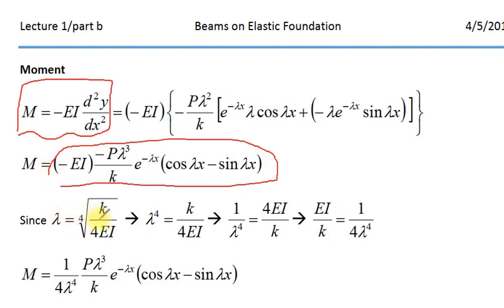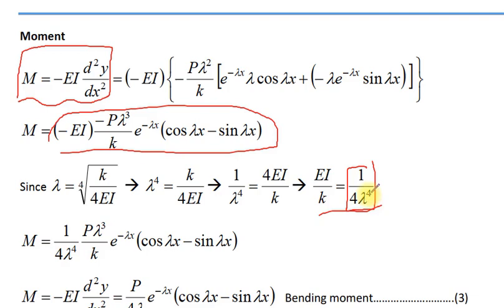and since the fourth root of k over 4EI equals lambda, replacing k over 4EI by lambda, we get EI over k equal to 1 over 4 lambda to the power 4, and we replace EI over k by this term.